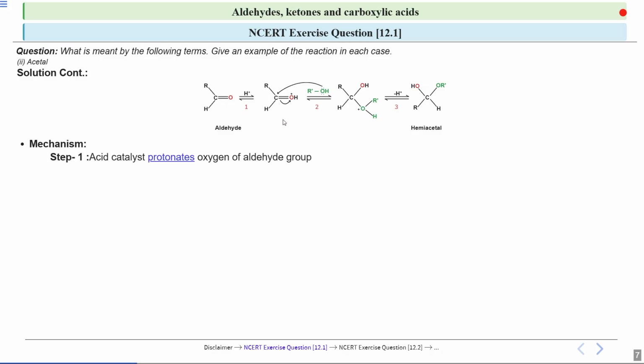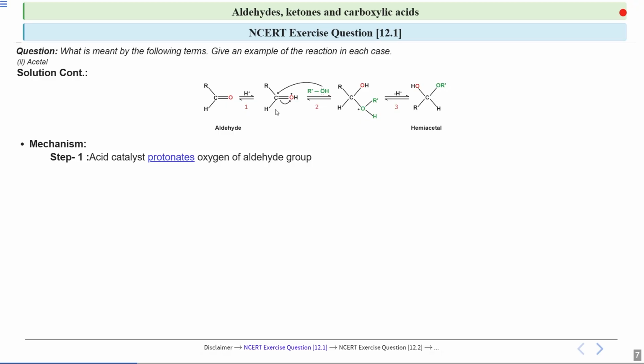So what is happening in step 1? The acid catalyst donates a proton to the oxygen atom of the aldehyde group. You will see this oxygen now gets a positive charge; it gets protonated.